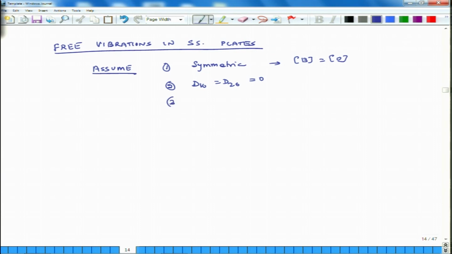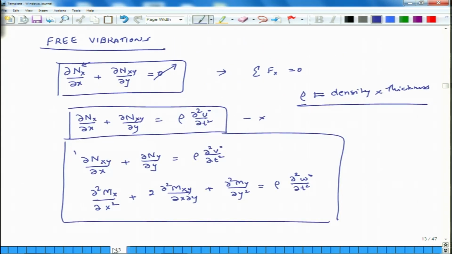And the third thing: here we missed one term, which is minus Q naught, or Q of x y, a function of x y.